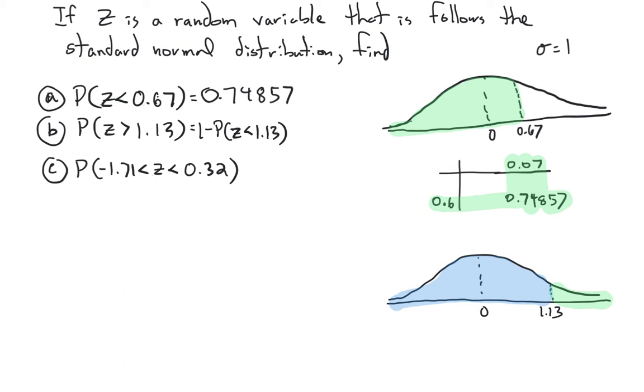So again, we look in our table. We're looking for the 1.1 row and the 0.03 column, and we find that we get 0.87076. And you should follow along in your table while you watch this video as well. So that's this blue area, that's how we got that.